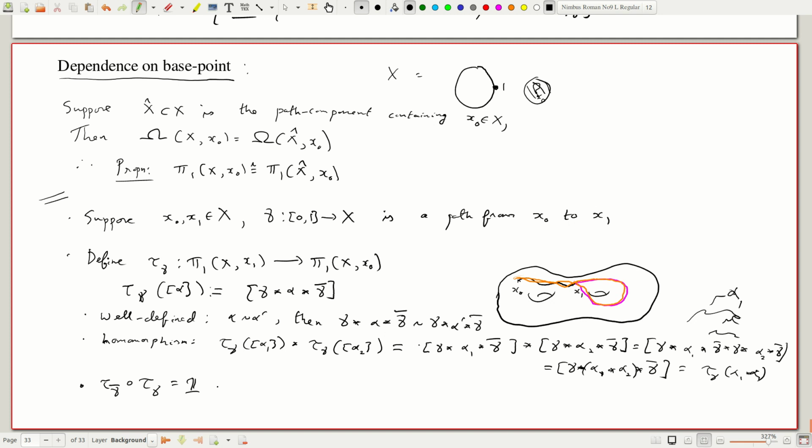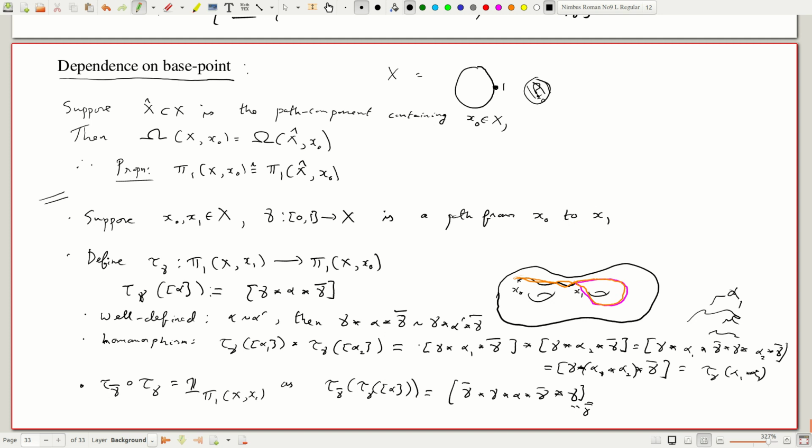Finally we notice that tau gamma bar composed with tau gamma is the identity on whatever the appropriate spaces. Tau gamma came first, so this would be the identity of pi1 of X, x1. Why is that? Because if I look at tau gamma bar of tau gamma acting on the class of alpha, you expand it twice, so it's the class of gamma bar star tau gamma of alpha, which is gamma star alpha star gamma bar, and finally I take gamma bar bar, which is gamma itself.